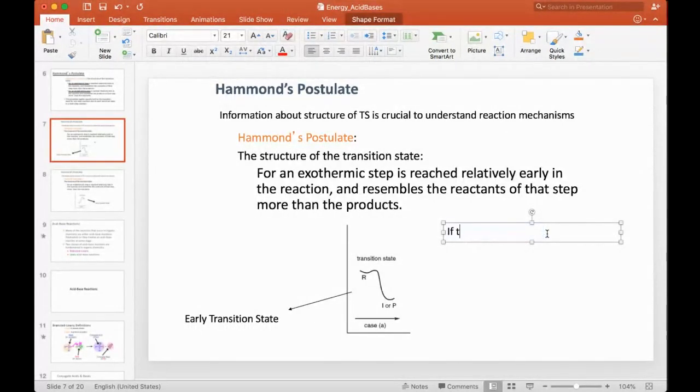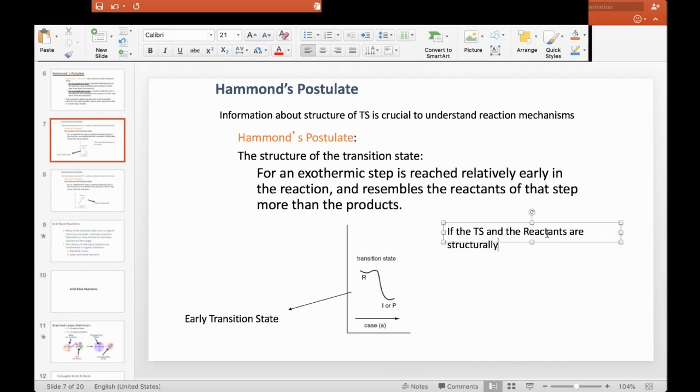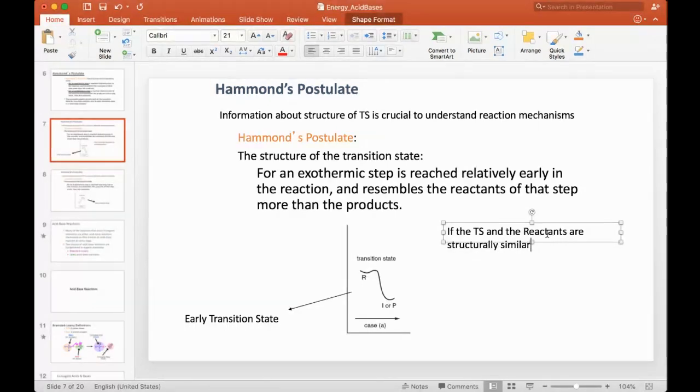So if the transition state and the reactants are structurally similar, which is the case in an early transition state, any factor stabilizing the reactant will also stabilize the transition state.